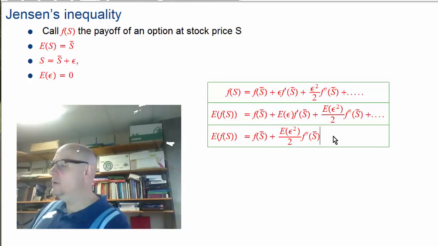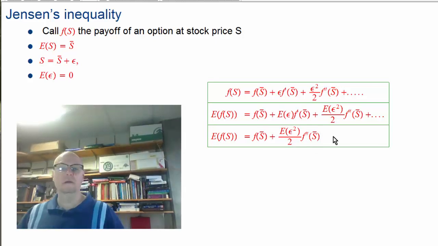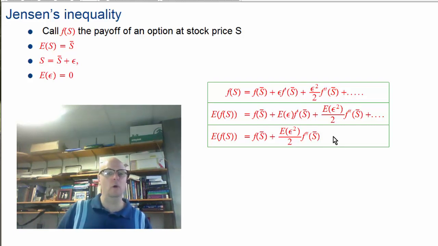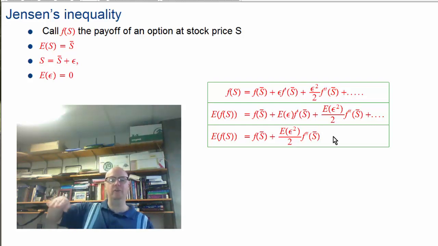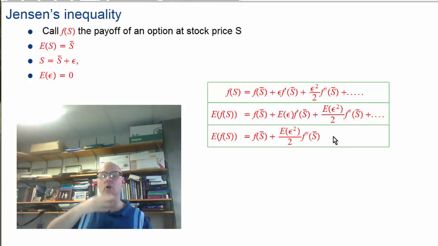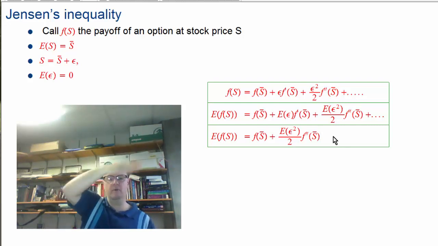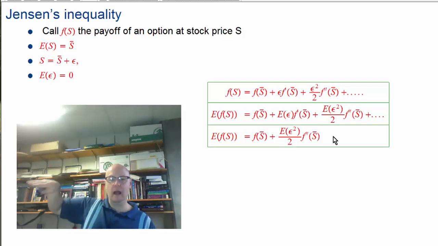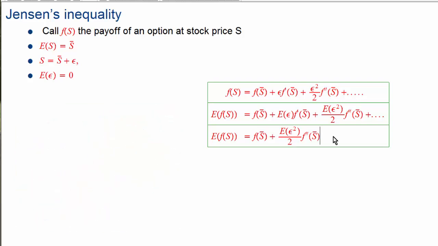Well, let's think about a call option or a put option. A call option or a put option have curves that either look like this or look like this, but they're concave up like a parabola. Their second derivative is positive. Well, that means that this piece is a positive number.